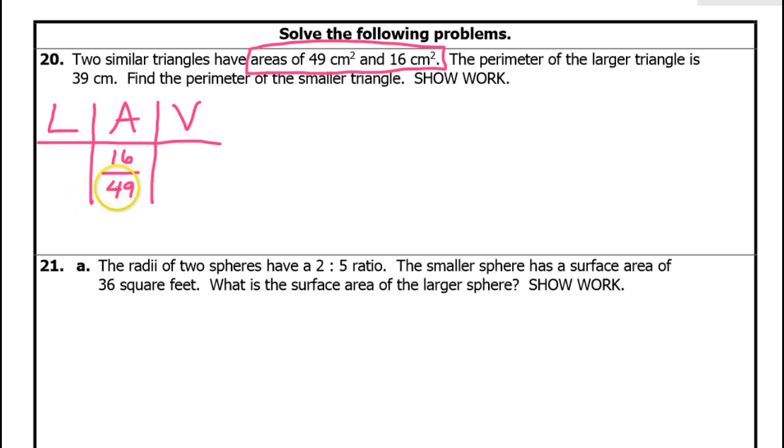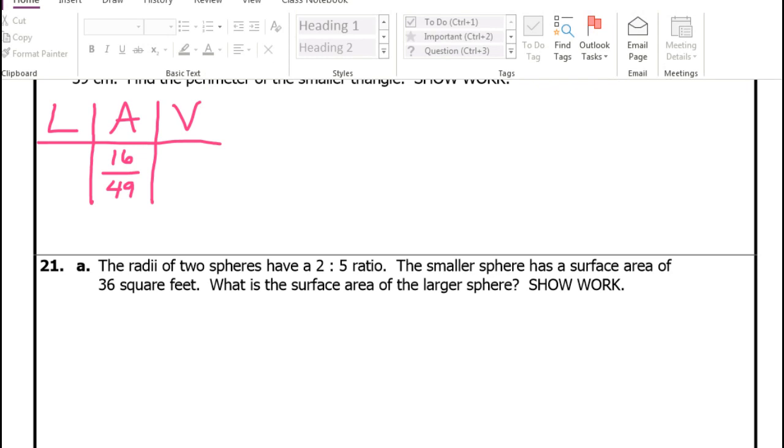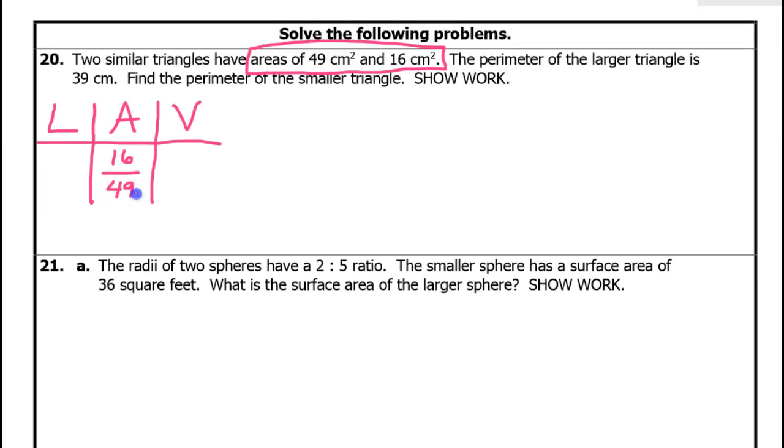Now, the next thing we want to figure out is the length scale factor, because everything is based on the length scale factor. In general, whatever the length scale factor is, you square that, and that's how you get the area scale factor.